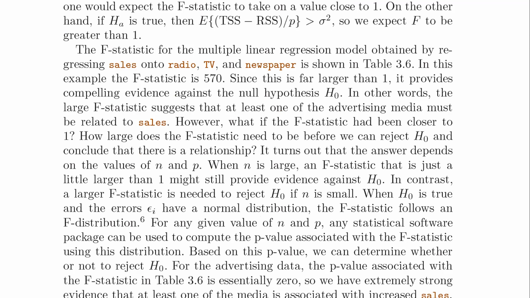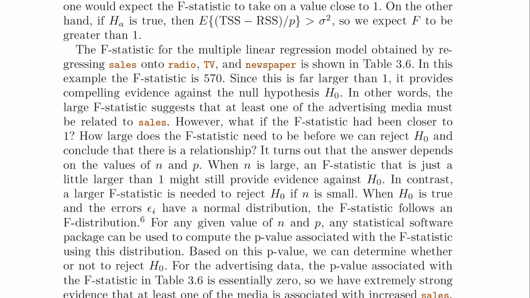Well, that would be relative to your confidence interval. If you're working at a 99.9999999% confidence interval, maybe we wouldn't consider 570 to be significantly larger than 1. It is all relative. However, reading on, since this is far larger than 1, it provides compelling evidence against the null hypothesis.